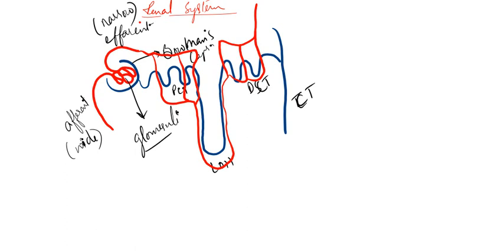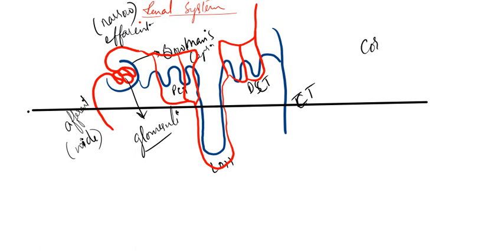Now we will draw a simple line. This region is cortex, so the glomerulus resides in the cortex, and this region resides in the medulla.